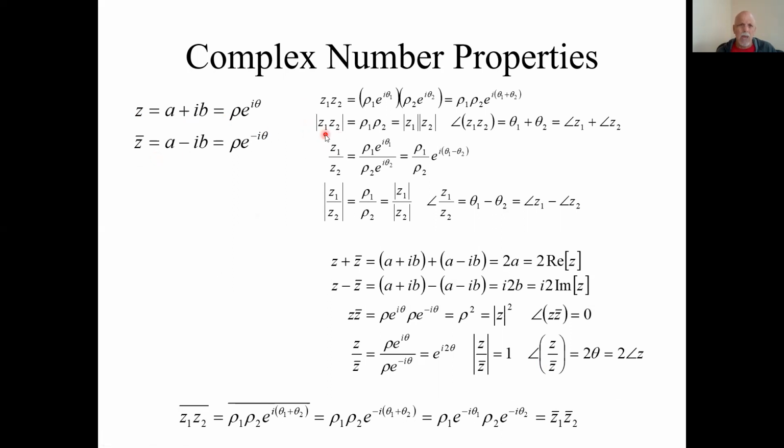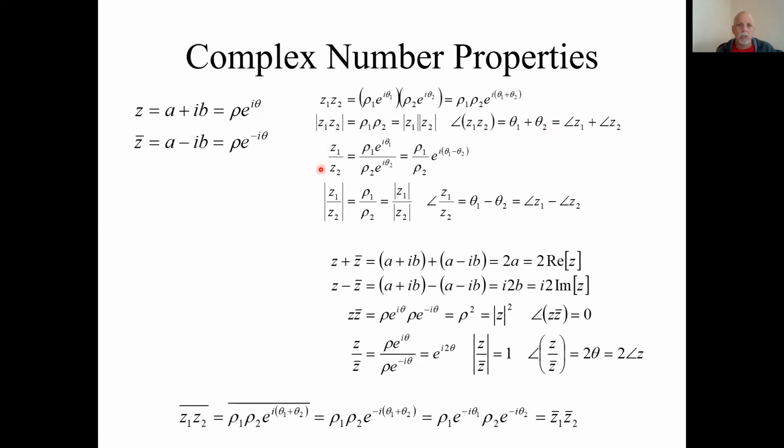So the magnitude of a product, just using these definitions, ends up being the product of the individual magnitudes. Here's some more notation. Angle. This theta is called the angle of this complex number. Anything that's not the i up here in the exponent is the angle. So the angle of a product is the sum of the individual angles.